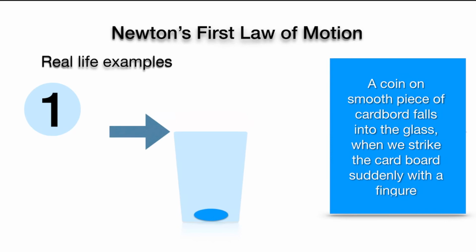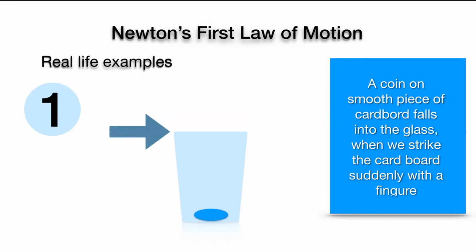There is no net external force on either of them. But when you strike the cardboard, you are putting a net external force on the cardboard, and because of that it moves out. The coin, which was in the state of rest, wants to remain at rest because of its inertia, or as per Newton's first law of motion.